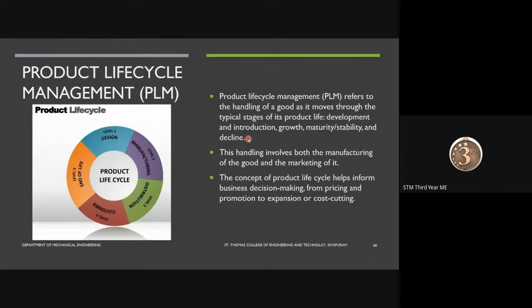And if you see a gradual decrease in the buying of that particular product, then we are coming into the declining stage, right? We ensure that even during the declining stage we keep on producing it to attain the maximum profit.